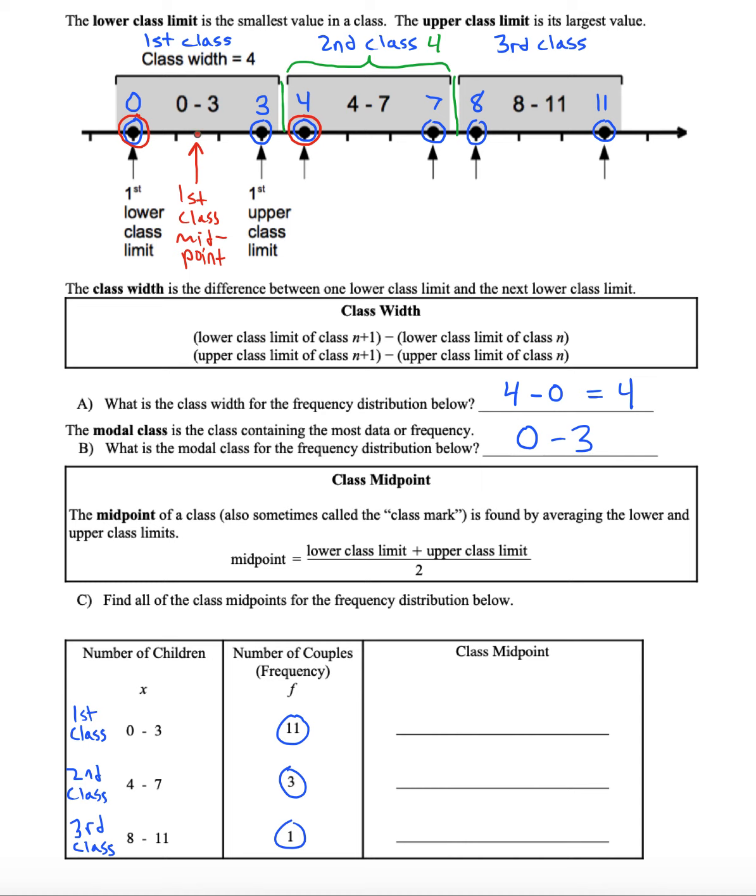So it looks like it's going to be 1.5 actually. But let's find that using the formula here. Take the lower class limit of 0, add the upper class limit of 3, average them by dividing by 2, and you get that midpoint of 1.5.